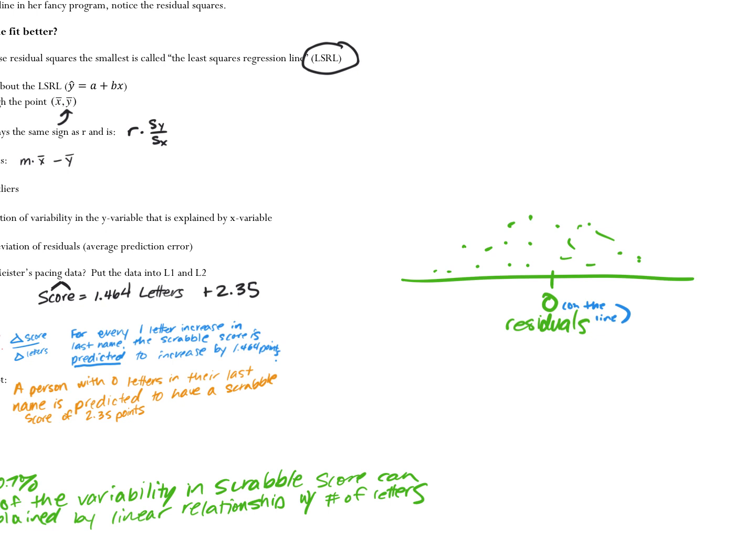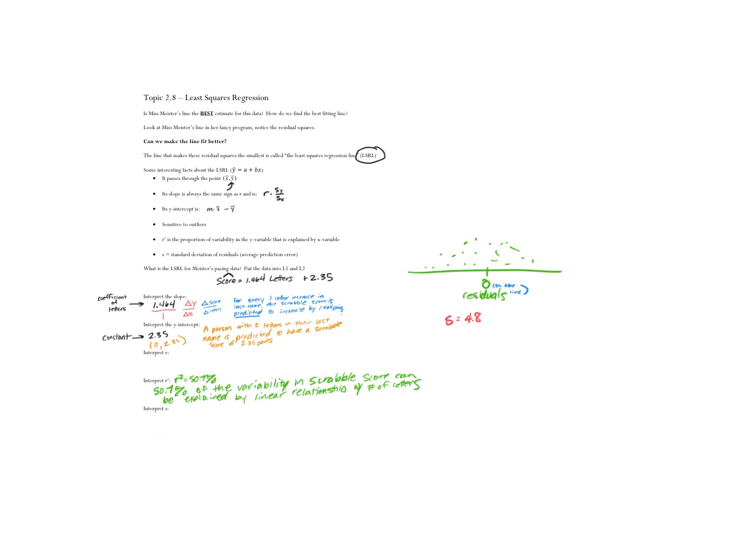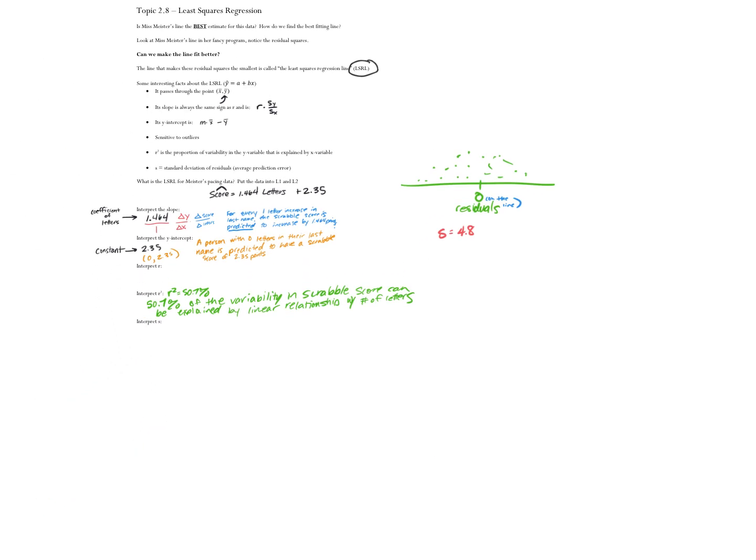Everybody good? Okay. I will typically give you S. Let's pretend that S is equal to 4.8. To interpret that value, we would say the average error in prediction, or the average prediction error, is 4.8 Scrabble points.